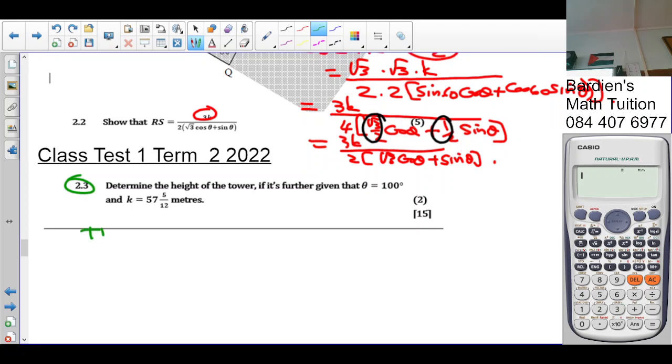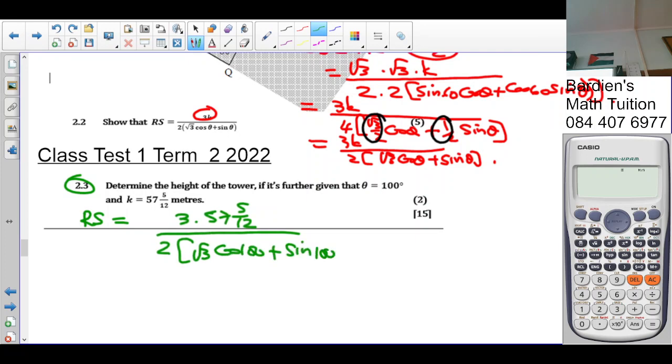So what I'm calculating, RS is equal to 3 times k, which is 57 and 5/12 meters, over 2 into root 3 cos of 100 degrees plus sine of 100 degrees.